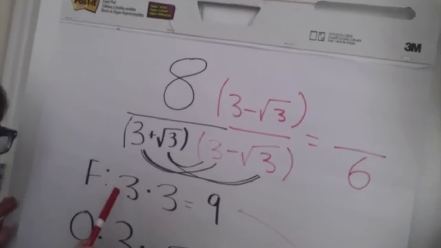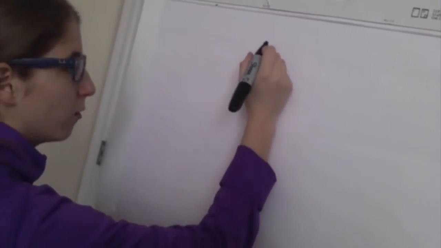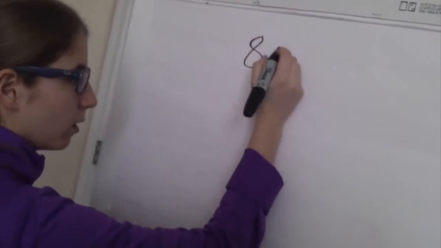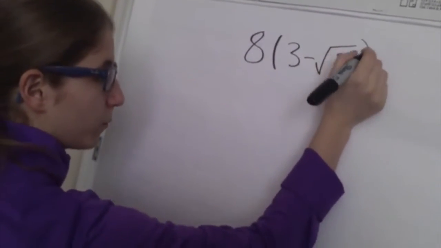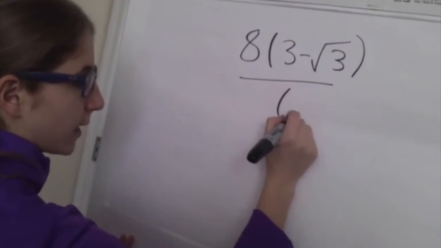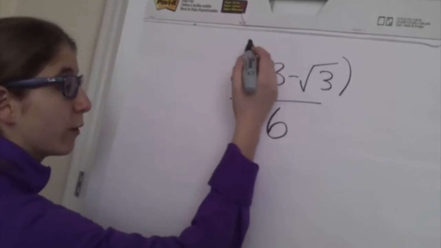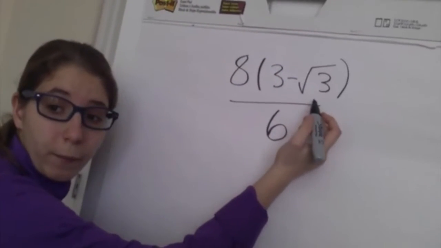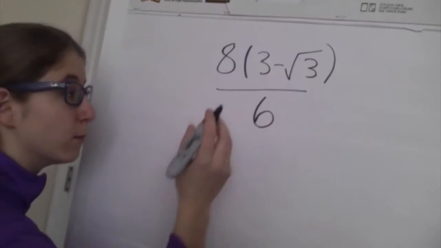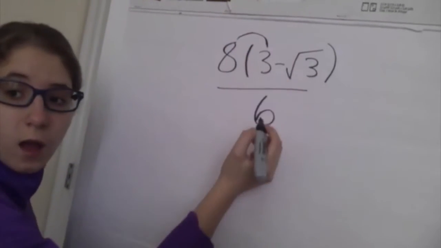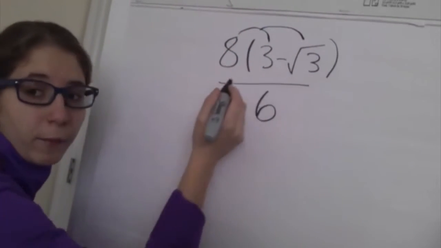Turning now to our numerator, let's rewrite the fraction. So we have 8 times 3 minus radical 3 over 6. You have to use the distributive property and multiply 8 times 3 first, and then 8 times negative radical 3.